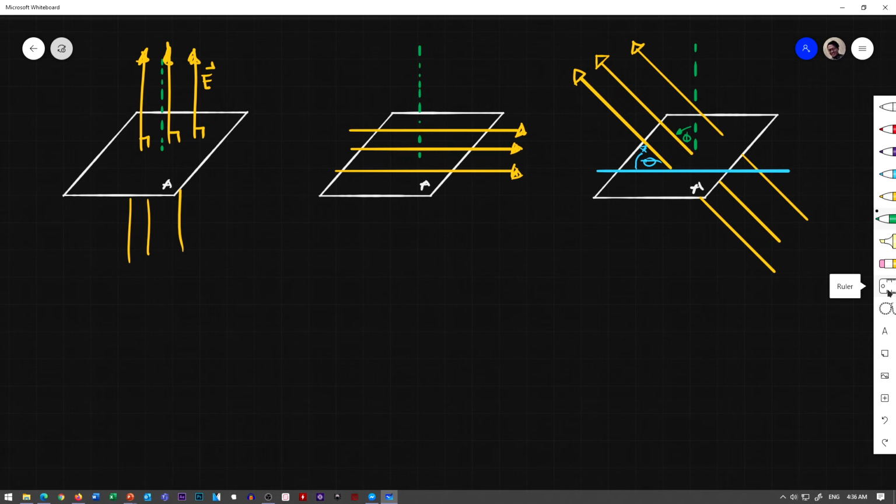So in this case, this is your phi. Then for this one, your phi is directly coinciding with the electric field, right? Let's make the arrowheads of this cleaner.